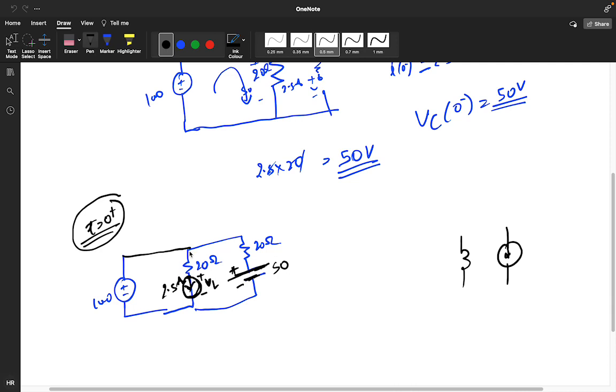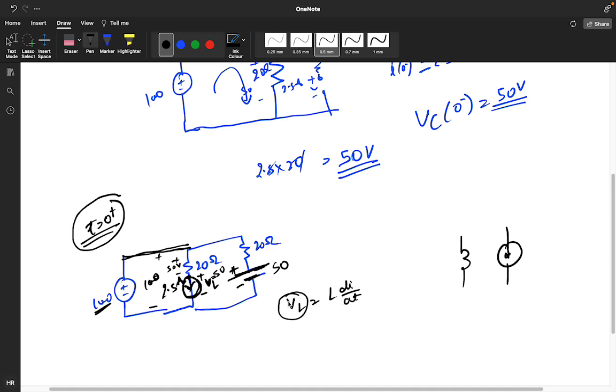How will you get the value of VL? You know the current, you know the voltage. And the voltage across this will be 100 only because it is shorted. So overall voltage here is 100, and you have 2.5 ampere, so the voltage across this is 50 volt. So 100 minus 50, the voltage across VL will be 50. So VL equals L di by dt.